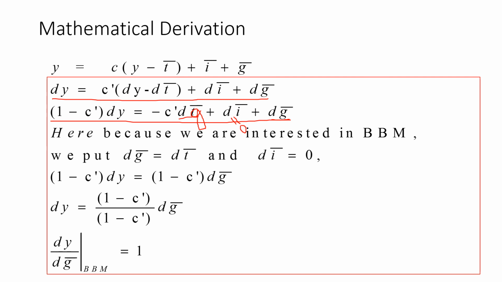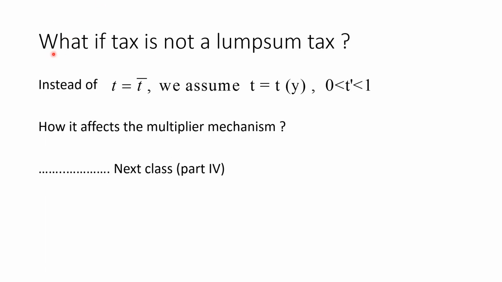So what if tax is not lump sum tax? That is, instead of T equal to T bar, which was our assumption so far, we assume T as a function of income with T prime greater than 0 and less than 1. That means del T by del Y is positive. With higher income, you will pay a higher amount of tax.